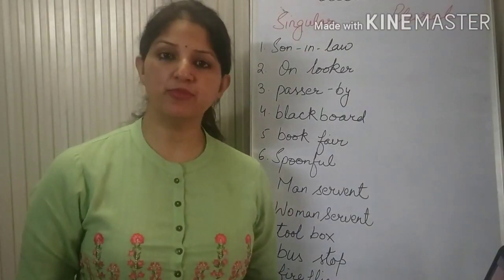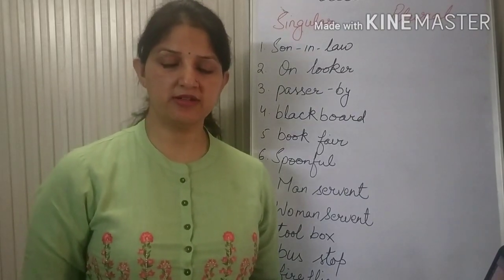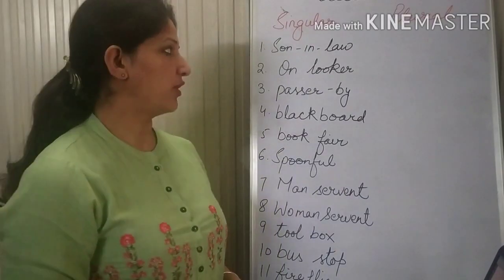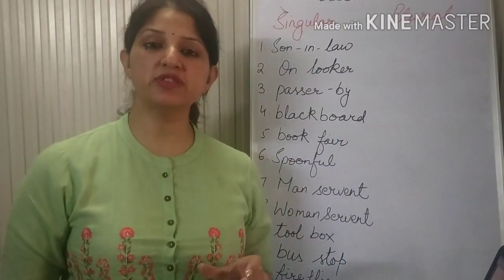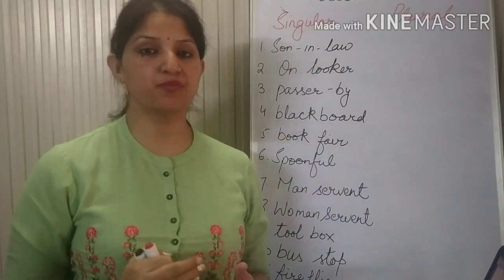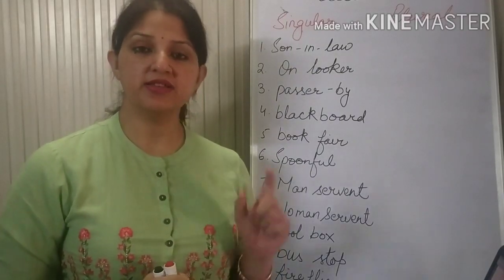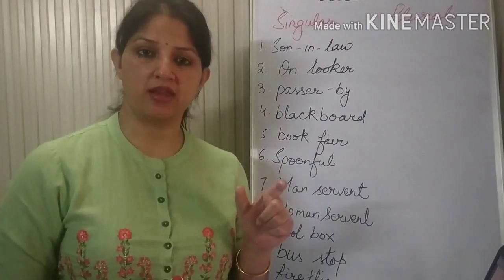Now let us make the plurals of the compound nouns. So listen to it very carefully and then try to understand it. First of all, we'll take a word like son-in-law. In the word, you have to see what the main word is of which we have to make the plural form. We can make the plural of son.